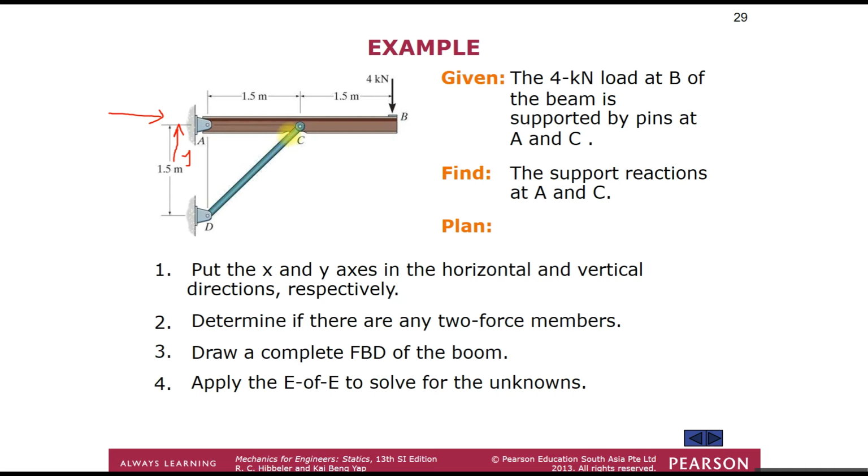We know that a pin support does not inhibit rotational movement, so we don't have moment reactions, but it inhibits translation in the x and y directions. Even though the pin is positioned at this angle, we can represent a pin support either as two components or just a single resultant force.